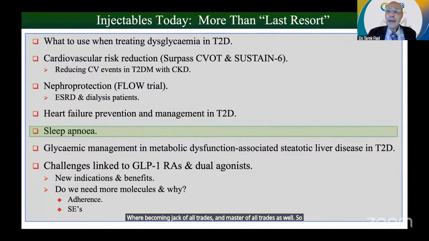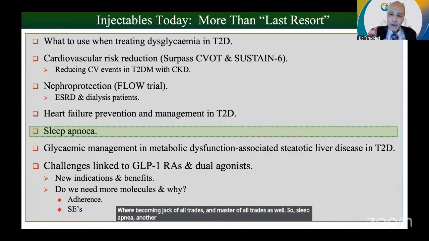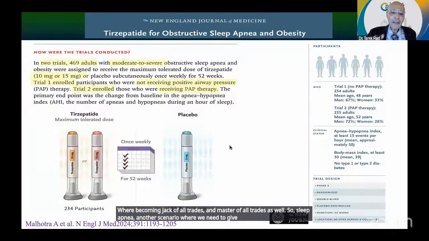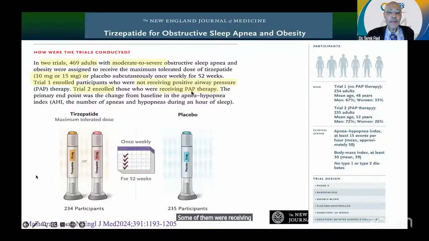So sleep apnea, another scenario where we need to give the treatment, and the evidence for that came from the study with tirzepatide, which looked at about 500 patients. Some of them were receiving positive airway pressure therapy and the others not. So 2 trials.